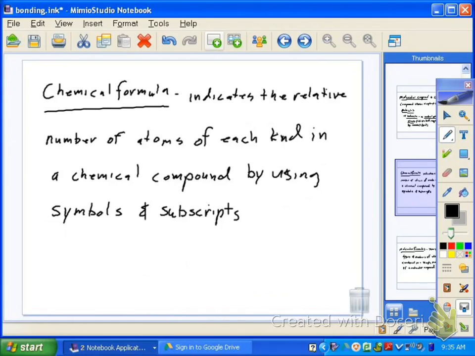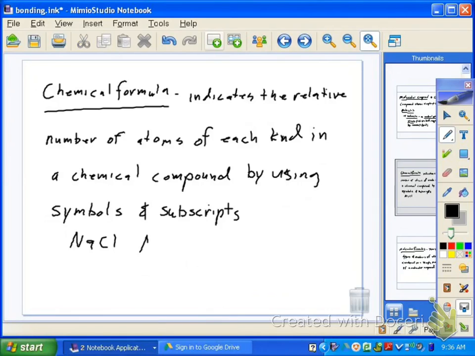Chemical formula. This is just for everything. Everything ionic or molecular, this definition goes with. It tells you if I have sodium chloride, it's NaCl. That's a chemical formula. It tells you the symbols, and if you had subscripts, let's see, something that's ionic would be baking soda.